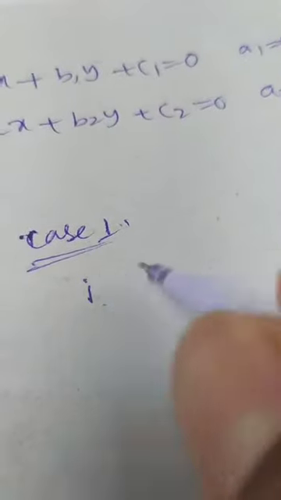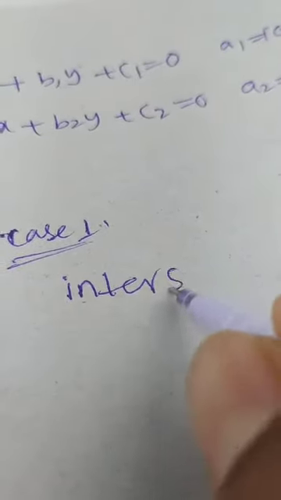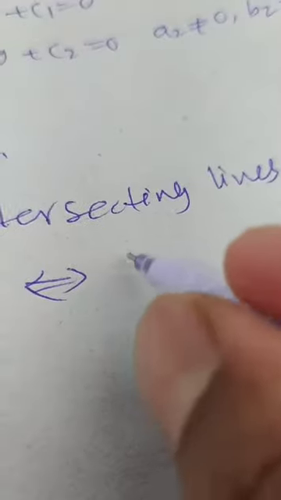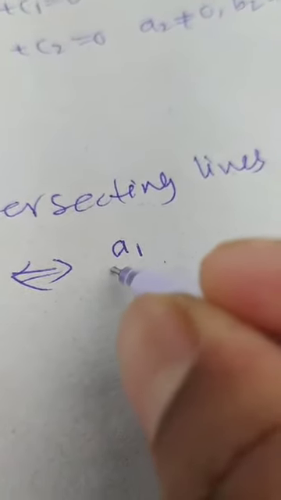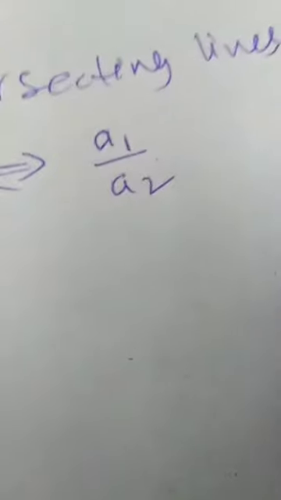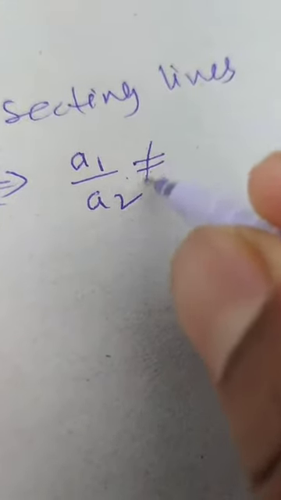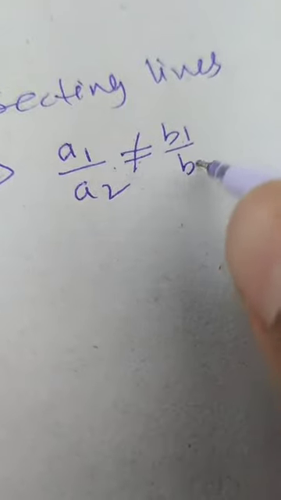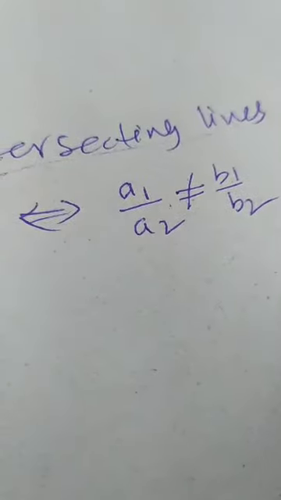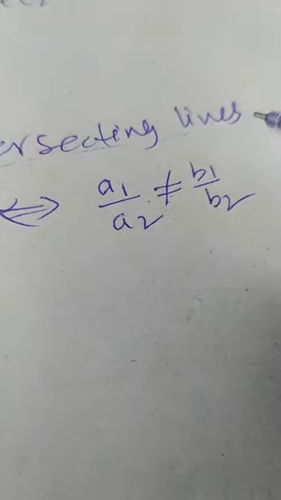Case 1, intersecting lines. Two lines are intersecting lines if and only if a1 by a2 is not equal to b1 by b2. What is a1? First equation, x coefficient. What is a2? Second equation, x coefficient. If the ratio a1 by a2 is not equal to b1 by b2, then you can directly say they are intersecting lines and they have one solution.